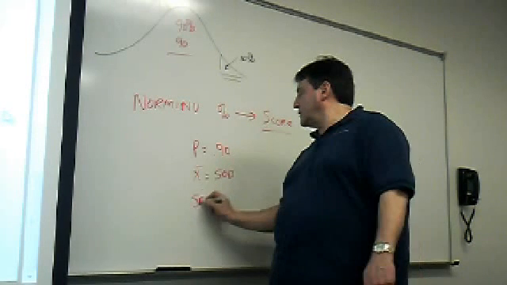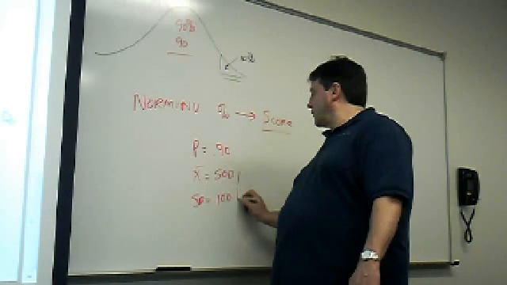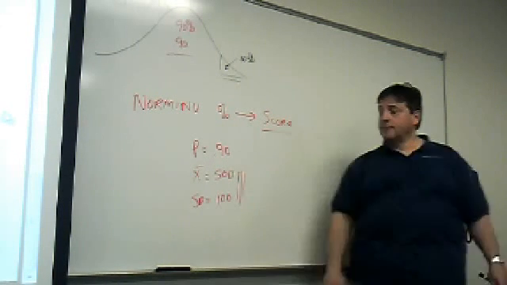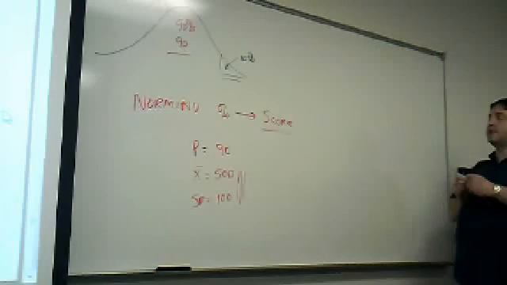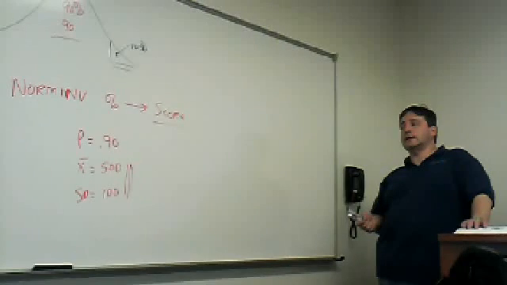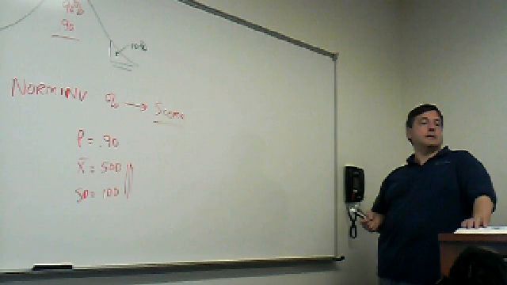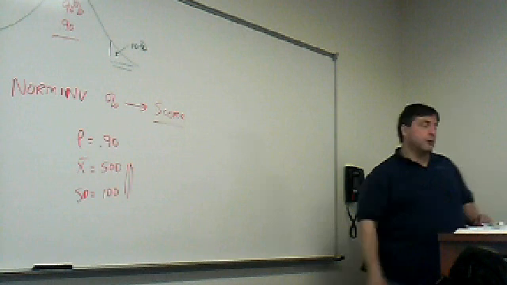And then the standard deviation is 100. These are all the same. So for SAT data, the mean is 500, the standard deviation is 100. For IQ data, the mean is 100 and the standard deviation is 15. Okay? So we're going to go to norm in.